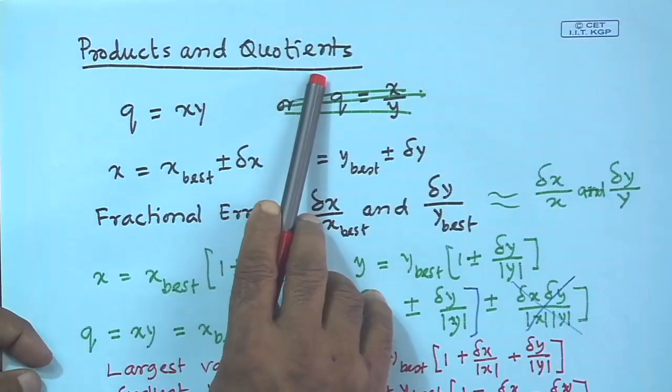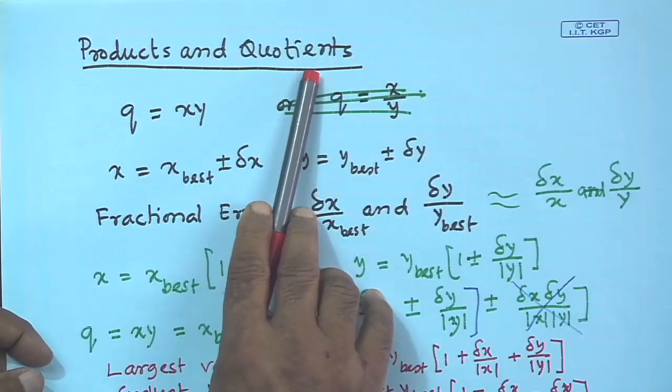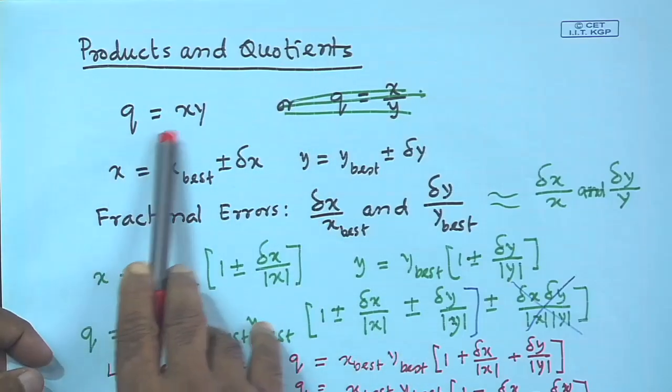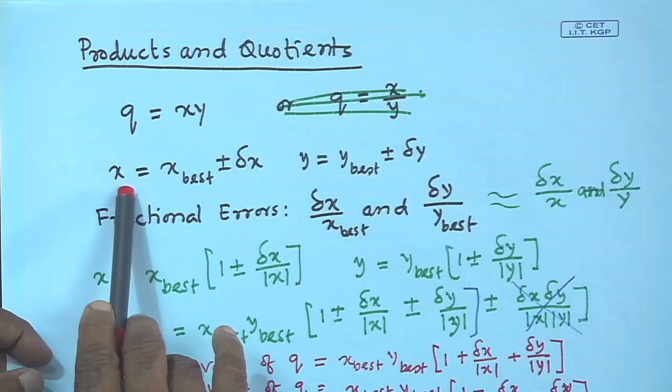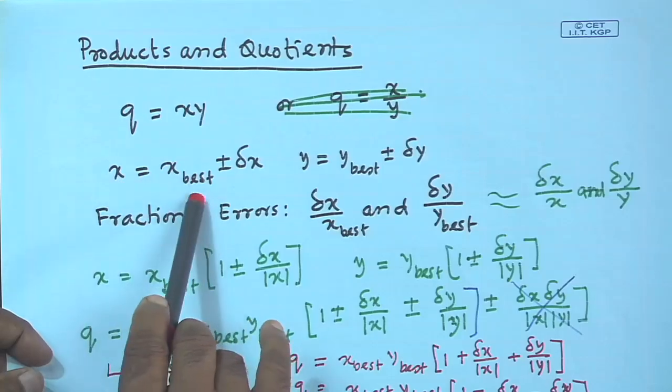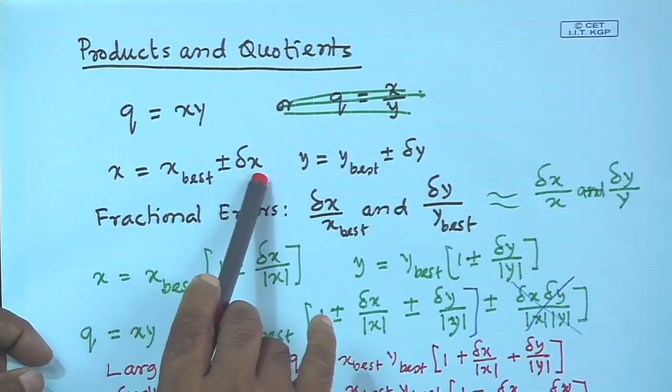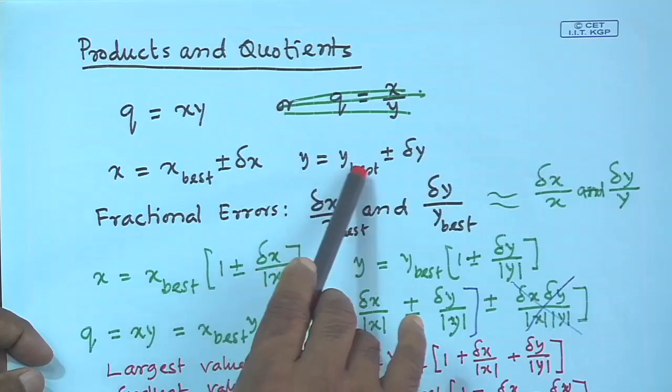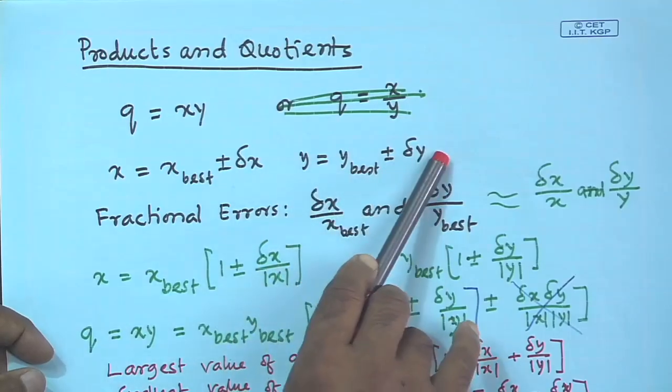So here, product and quotients, division. If q equal to x y, again x equal to x best plus minus del x, y equal to y best plus minus del y.